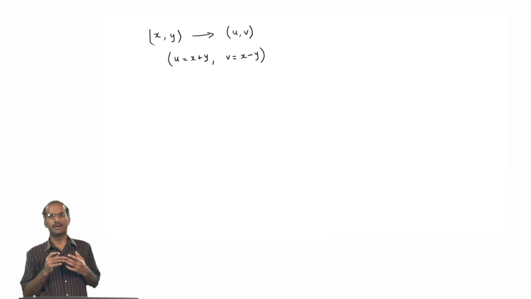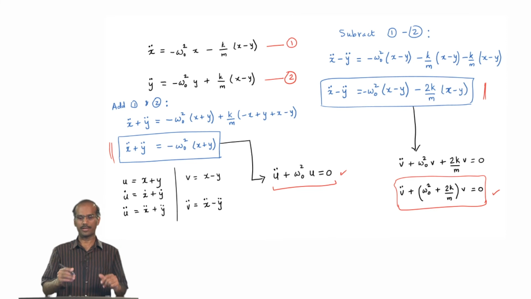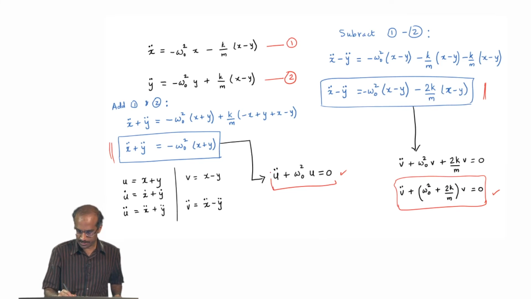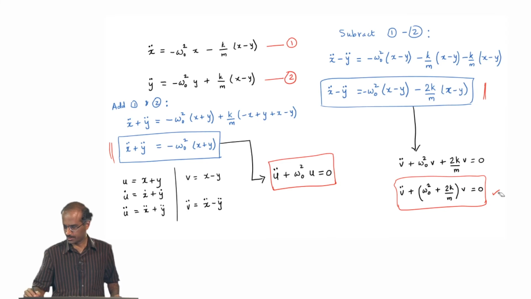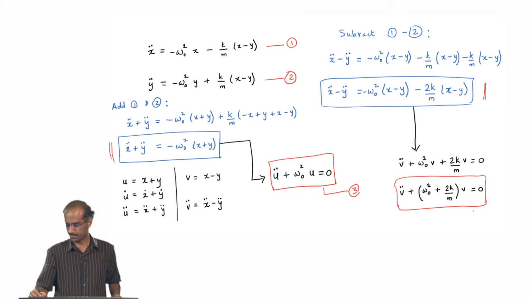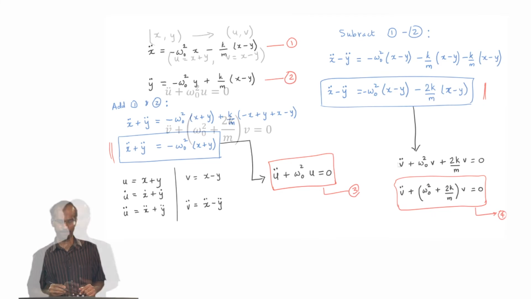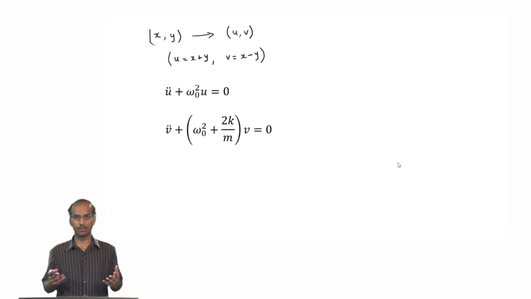This appears like a very magical transformation, which transformed a coupled set of equations given by equations 1 and 2 to an uncoupled set of equations given by equation 3 and equation 4.